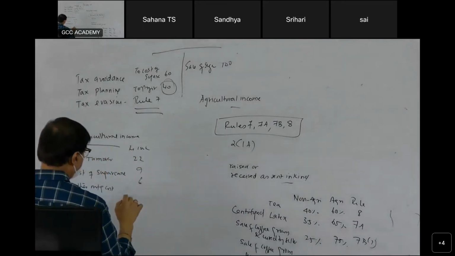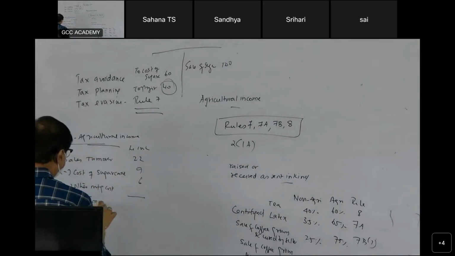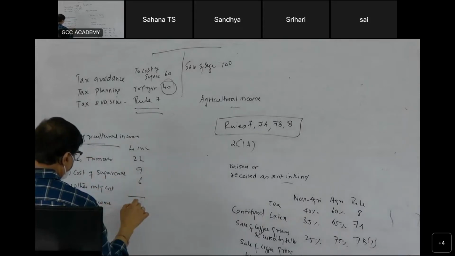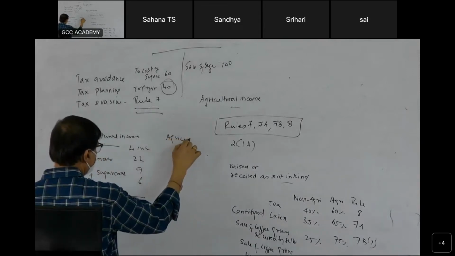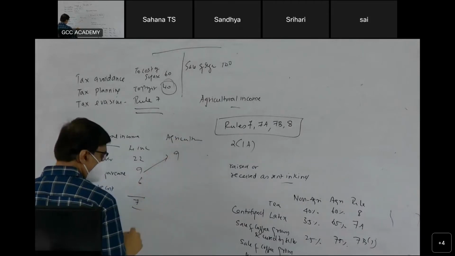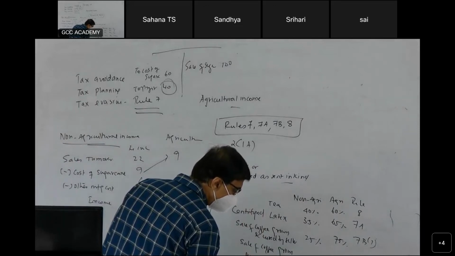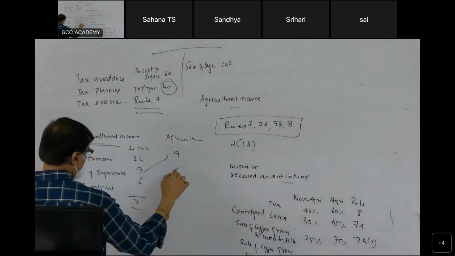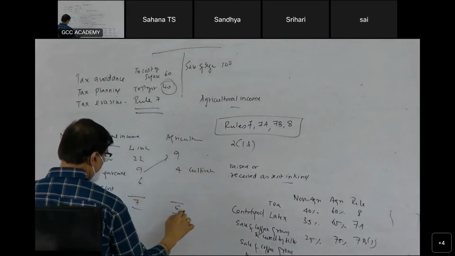So this is your non-agricultural income. Agricultural income is very simple: market value of 9 less agricultural activity cost, which is given as cultivation expense 4. This is agricultural income. Anyhow, it's exempt.